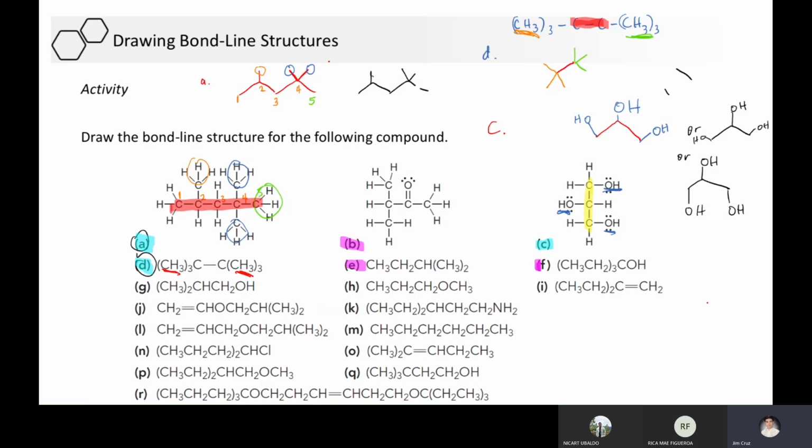Ayun. So, nag-send na si Rika. Check natin, no? Ay, baliktad. Draw ko na lang, no? Tapos check natin kung tama or okay lang.